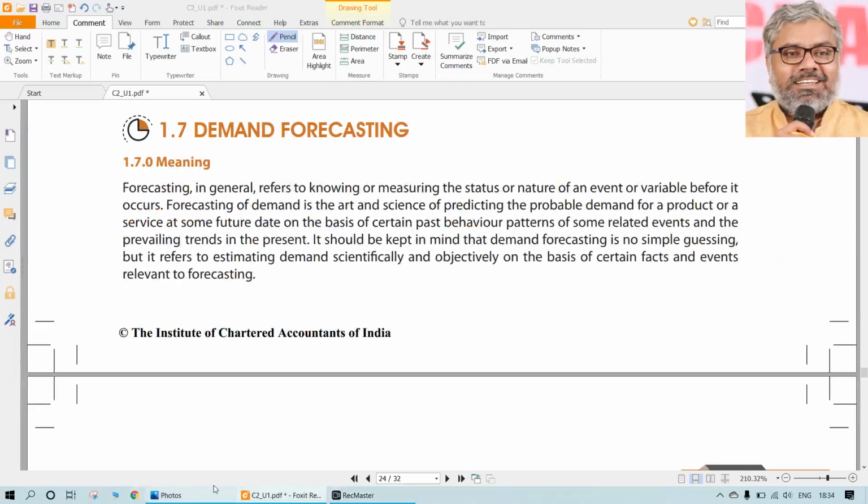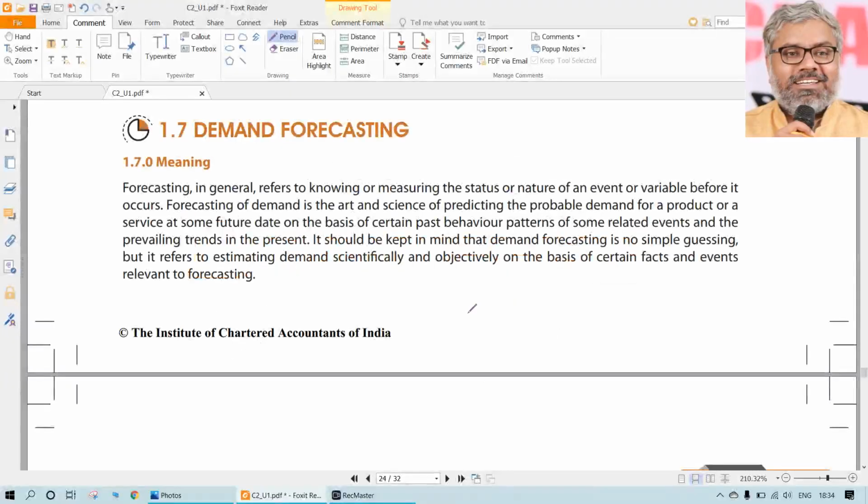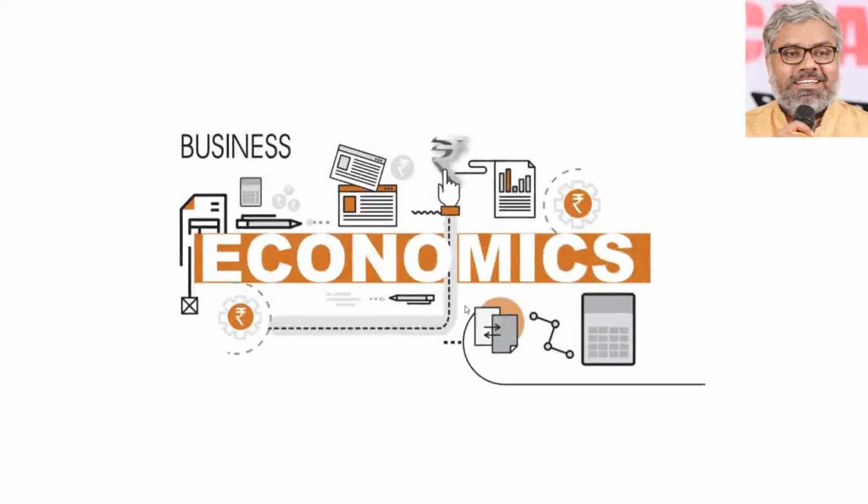We will definitely discuss that also, but on a broader basis. But majorly, the technical aspects covered in this chapter as far as examination questions are concerned will be mostly in relation to the demand theories and elasticity of demand, different types of elasticity of demand and their calculations and interpretations. This is going to be the core area of examination testing.